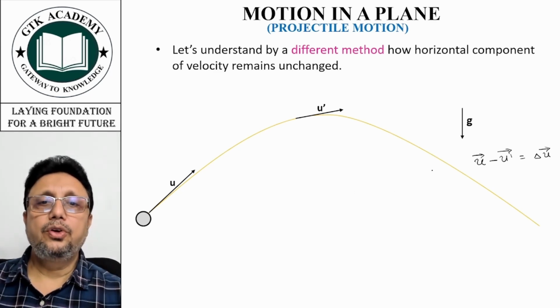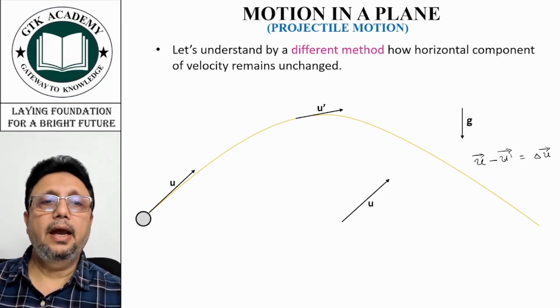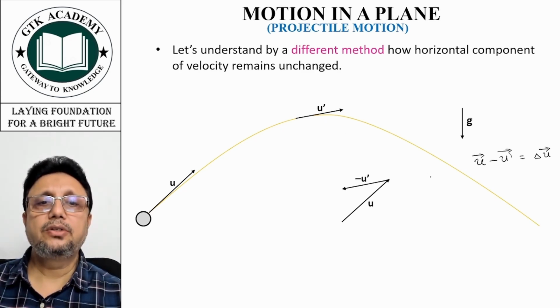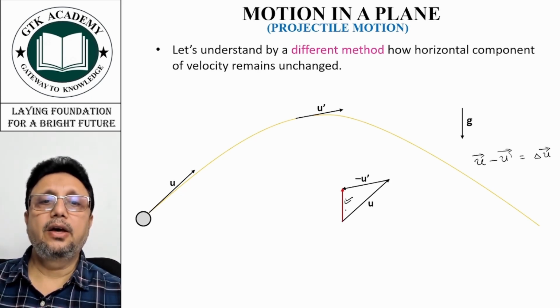Now just draw u and draw minus u dash. So this is minus u dash. Now add them. So this is u minus u dash, shown by this red arrow. So this red arrow indicates delta u, which is the reduction in velocity.